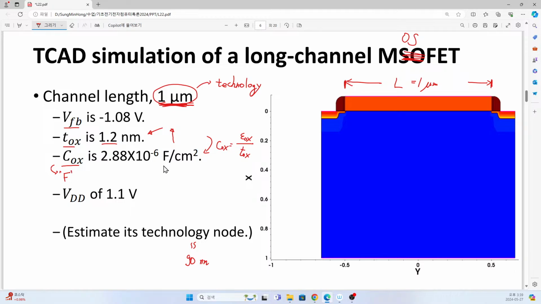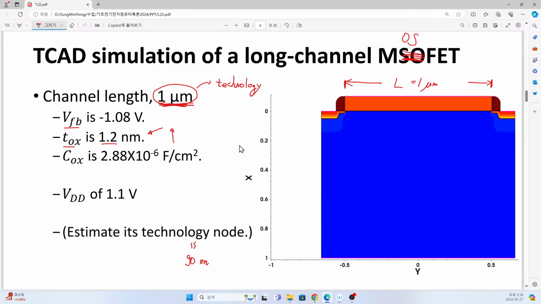However, as you can see here, this is given in farad per square centimeter. So this is an area component. If we have a wider area, then we will eventually have larger capacitance. So per area, a capacitance is given as COX. Okay, please note this dimensionality.